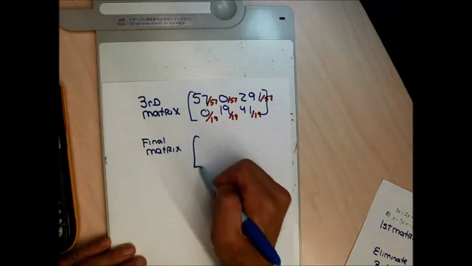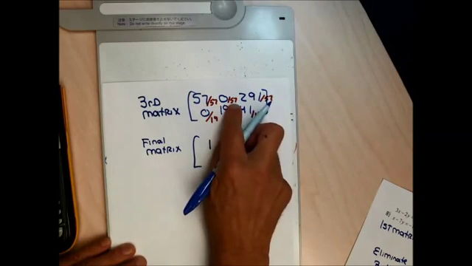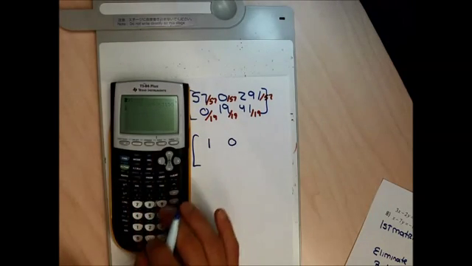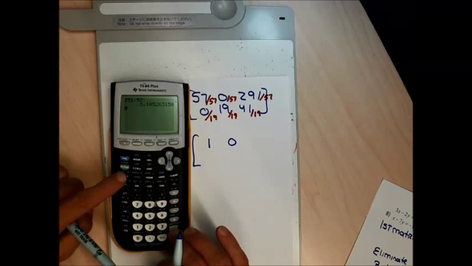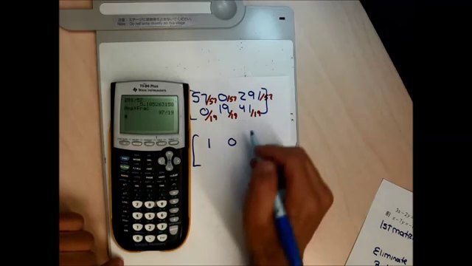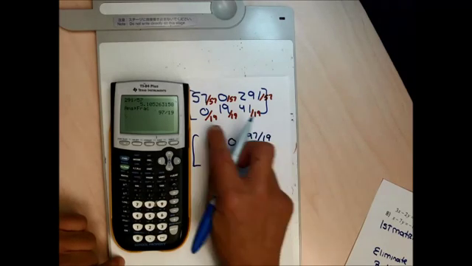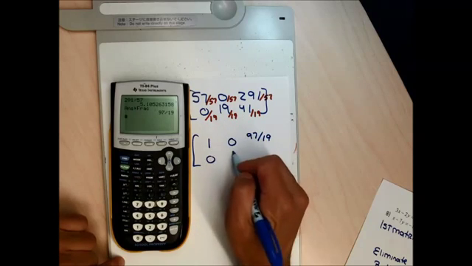So my final matrix, 57 divided by 57 is 1. 0 divided by 57 is 0. And then 291 divided by 57 is a decimal. Let me see what it is as a fraction. It's 97 over 19. So I'm going to write 97 over 19 here. Bottom row, 0 over 19 is 0. 19 over 19 is 1.